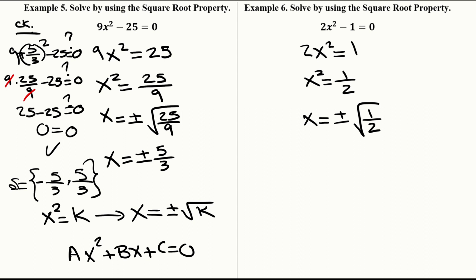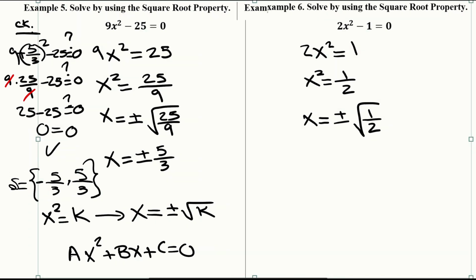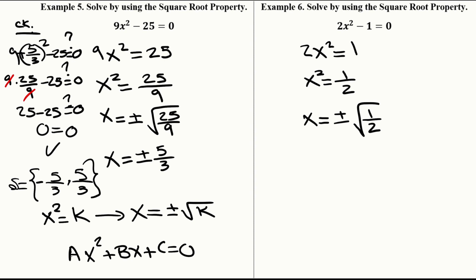And of course, we won't leave that like that because we know a simplified expression which has radicals in it should not have any radicals in the denominator. So we'll go ahead and realize that we can break that up as plus or minus square root of 1 over square root of 2, which is plus or minus 1 over radical 2, which of course we can quickly rationalize by multiplying the top and bottom of that fraction by radical 2.